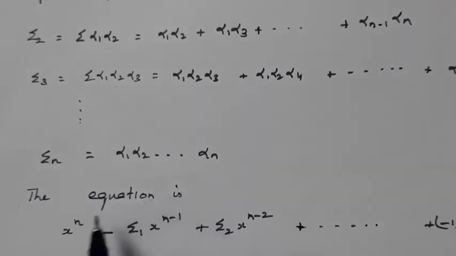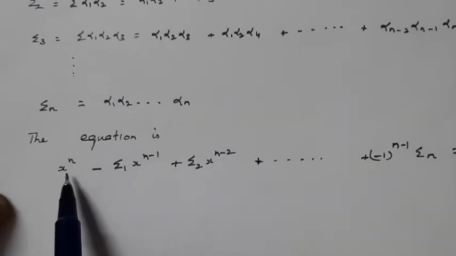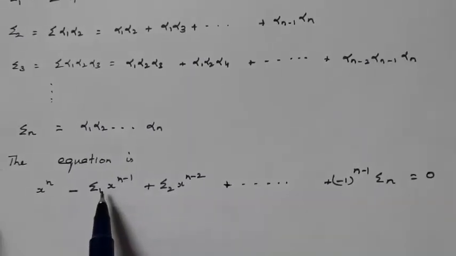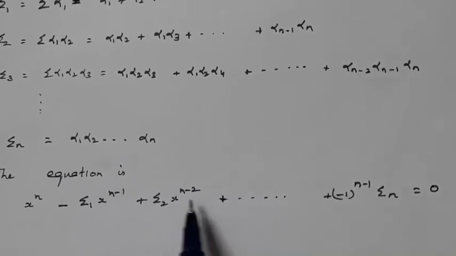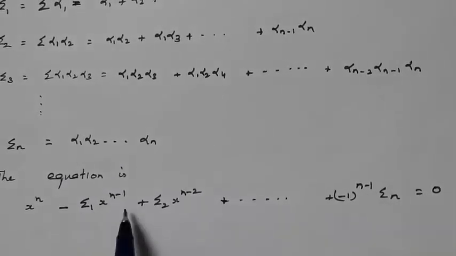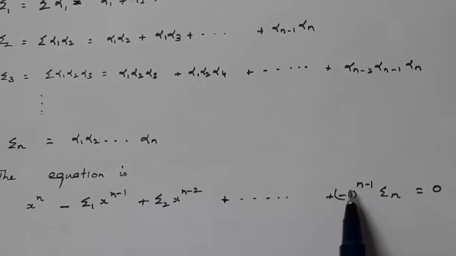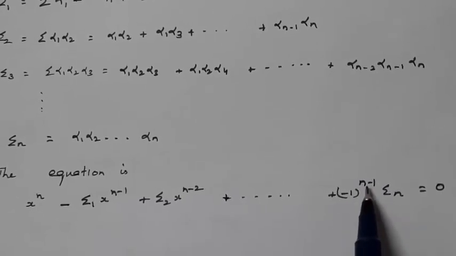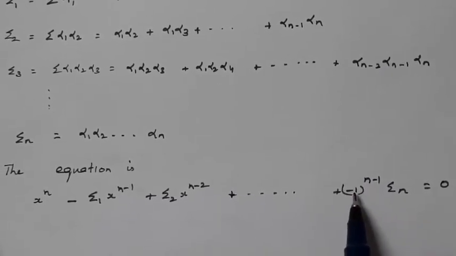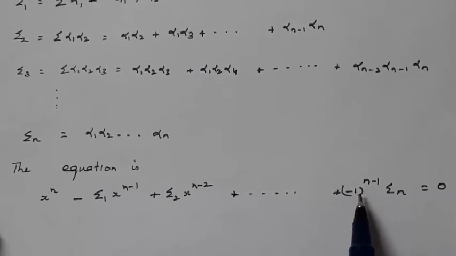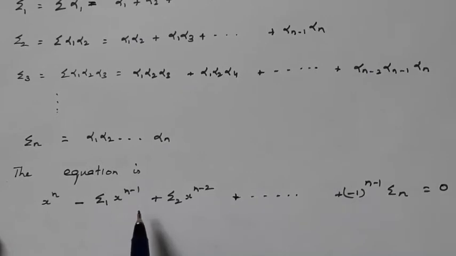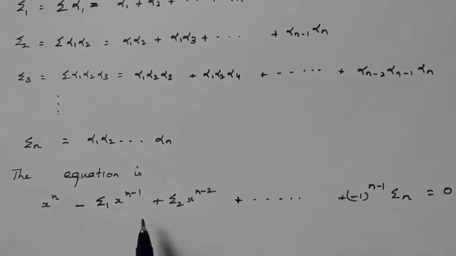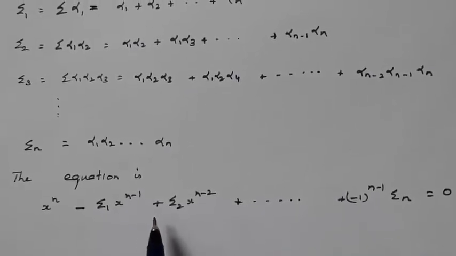The equation is x power n minus sigma 1 into x power n minus 1, plus sigma 2 into x power n minus 2, and so on, with alternating minus and plus signs. The last term has the sign minus 1 to the power n, into sigma n, equal to 0. So this is the formula to frame a polynomial equation of degree n given the n roots.